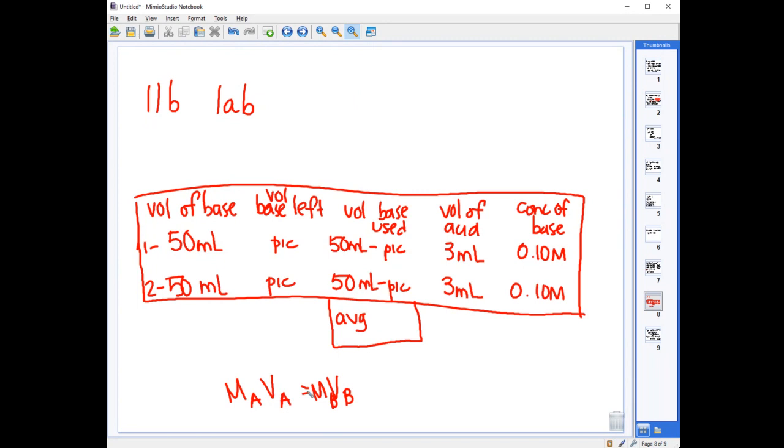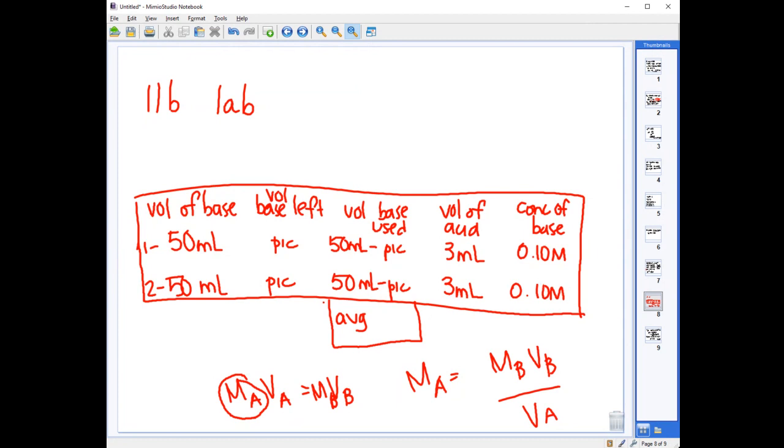Okay, so we are trying to solve for molarity of the acid. So you're going to say molarity of the acid is equal to molarity of the base times the volume of the base divided by the volume of the acid. Okay, that's how we're going to solve this.